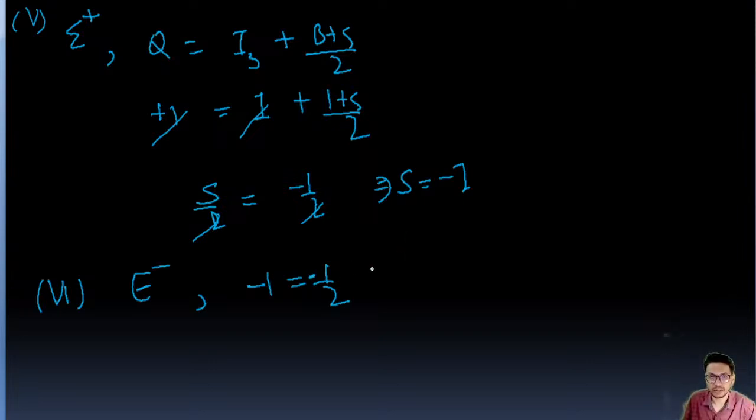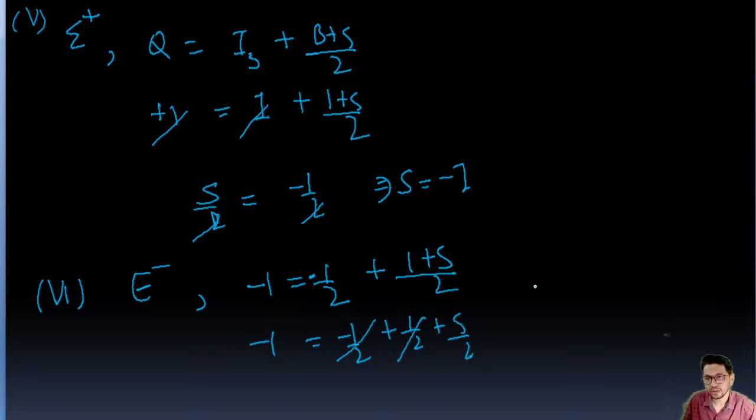So Q equals I3, minus 1 by 2, plus it's a baryon so 1, plus S by 2. So minus 1 equals minus half plus half plus S by 2. This will get cancelled, so the value of S equals minus 2. So cascade strangeness is minus 2, and this is a strange particle.